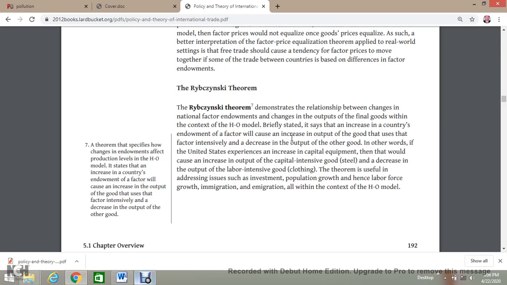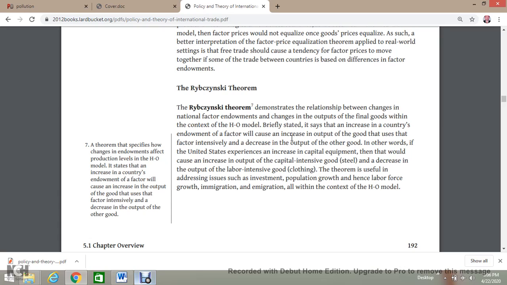This theorem states that if there is an increase in the country's endowment of a factor, imagine that there is one factor which is available in more quantity and there is an increase in this factor, maybe capital, maybe a labor input. If it is available and increasing, the factor which is abundant in that country is increasing.